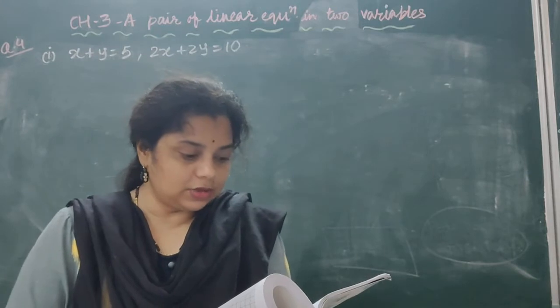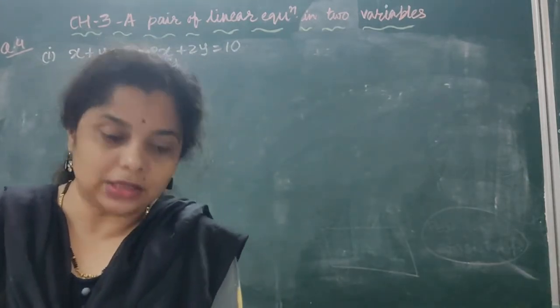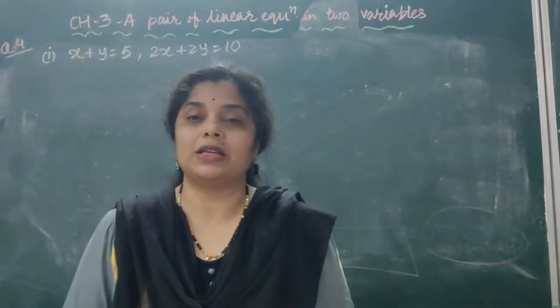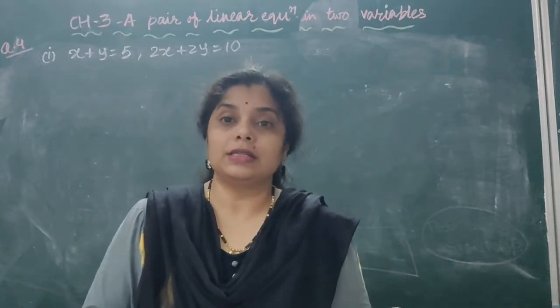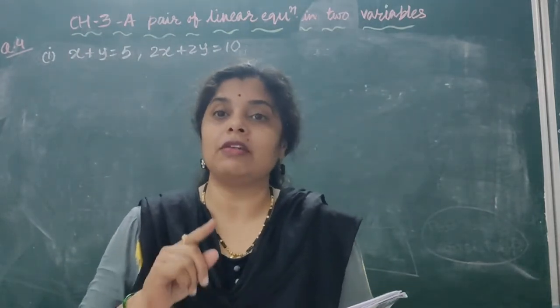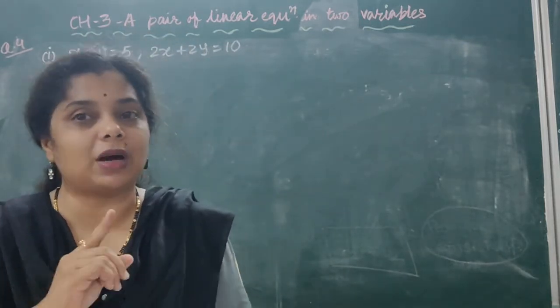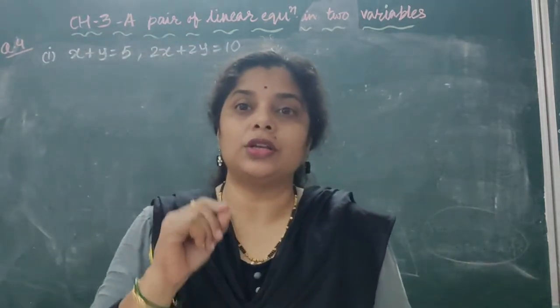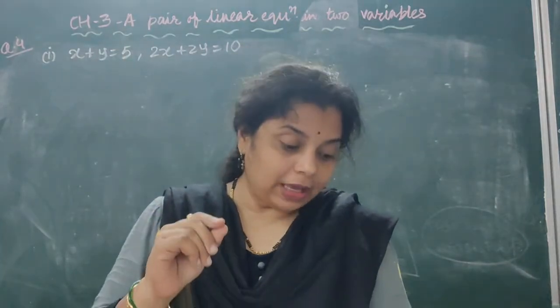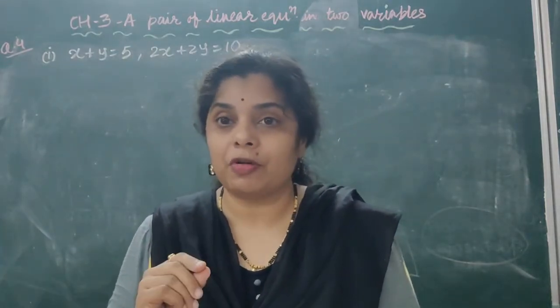And c1 by c2 is 11 by minus 22, again minus 1 by 2. So we can say that in this particular case a1 by a2 is equal to b1 by b2 is equal to c1 by c2, which means all the ratios are the same, and therefore we get which type of lines?